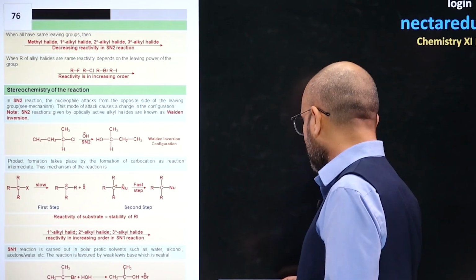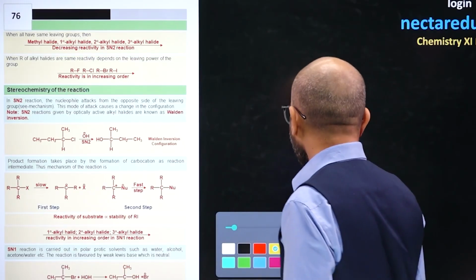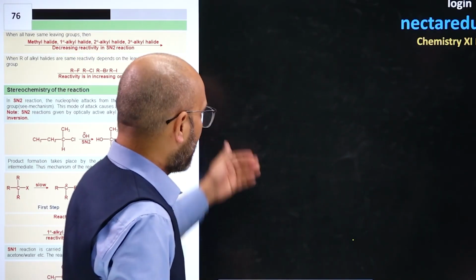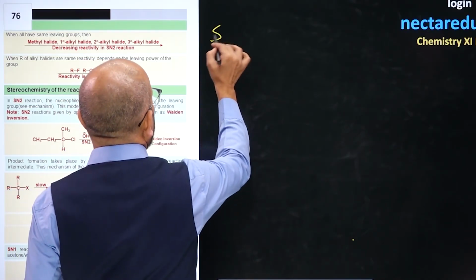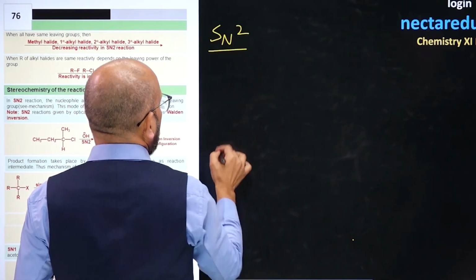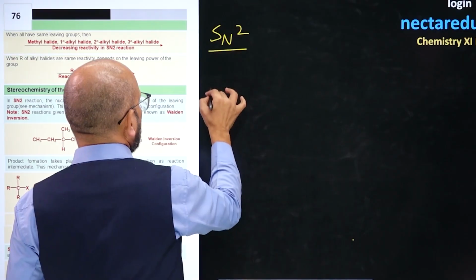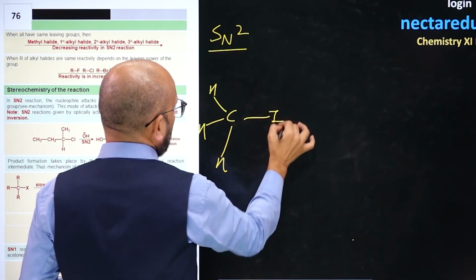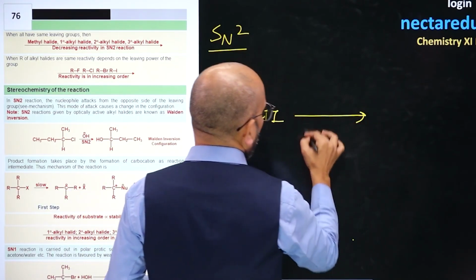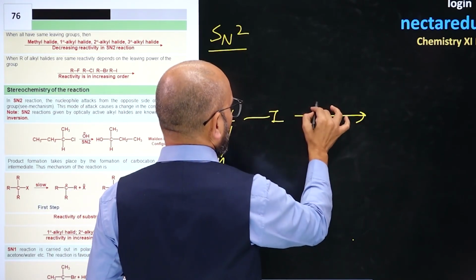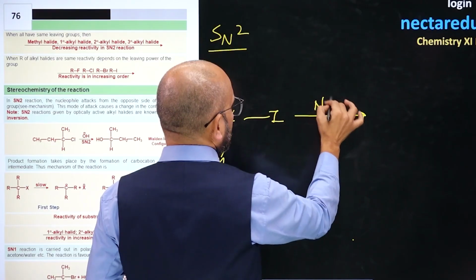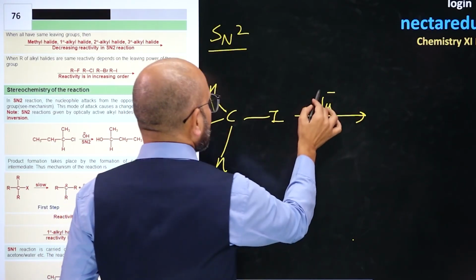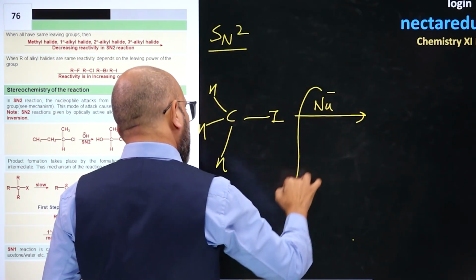Now, coming to SN2 reactions, if I show you what actually happens, it will be something like this. We have the SN2 mechanism. I will take methyl iodide, something like this. Here, if we take a nucleophile, Nu minus, then this nucleophile attacks from the backside.